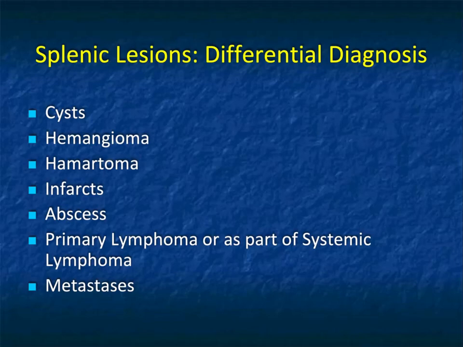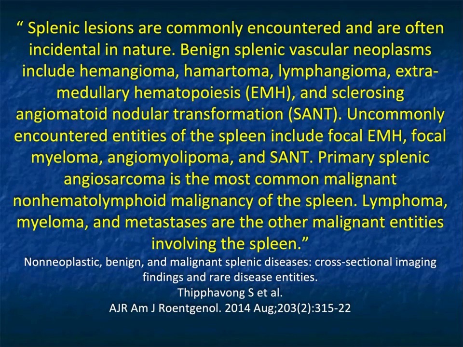You're doing a workup for an FUO, you find a low-density splenic lesion. In the right history, that's a splenic abscess. Patients with weight loss, maybe low-grade fevers, lymphoma, either primary in the spleen or as part of a multi-organ involvement, which is more common. Again, not very difficult. And although metastases are not that common to the spleen, they do occur, but usually you will see the primary tumor as well as other sites of metastasis.